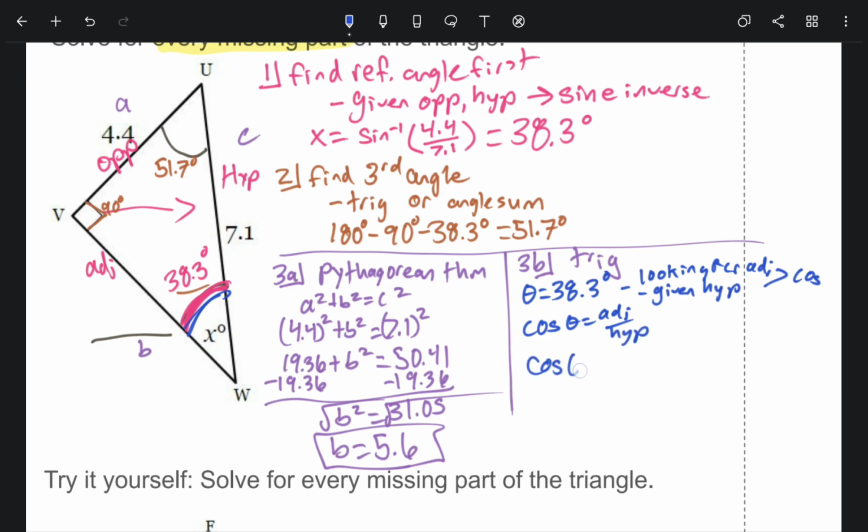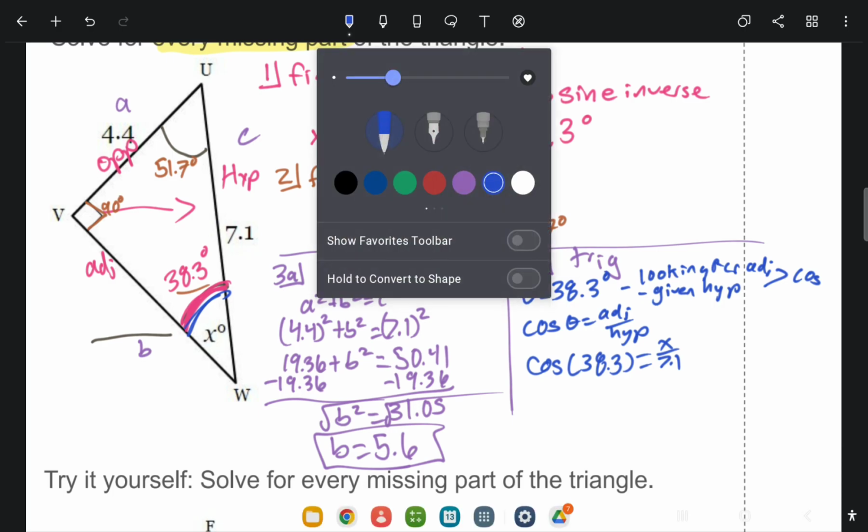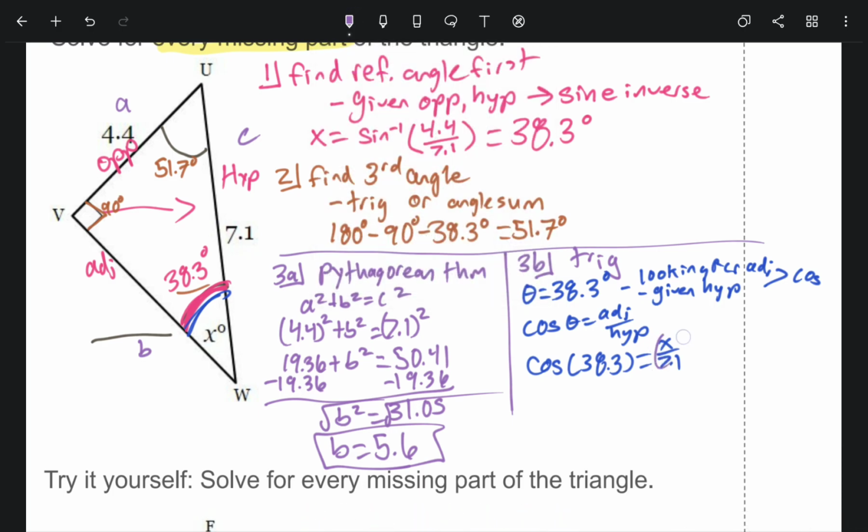That means cosine of 38.3 equals x over 7.1. Let's multiply both sides by 7.1. So we get 7.1 times cosine of 38.3 equals x.